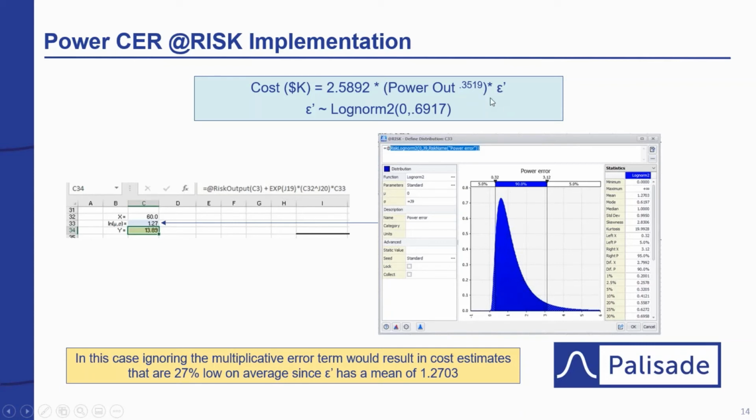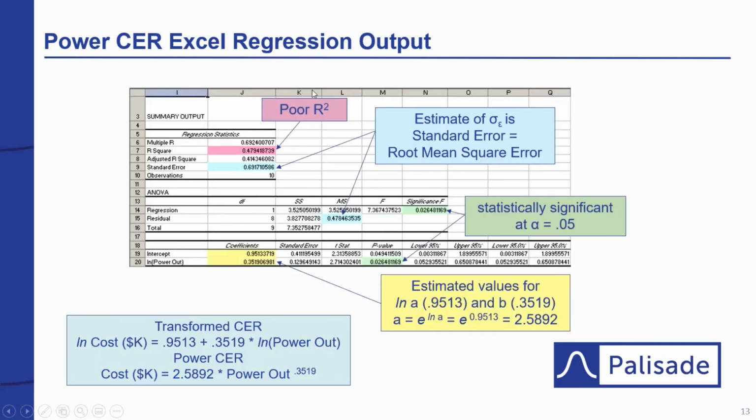And then to do a full implementation, I have to work with a lognormal distribution of the error terms. If I work with LogNorm2, notice that 2 there, it has a mean of 0 and a 0.6917. That comes from this cell, the standard error out of the regression output, 0.6917.